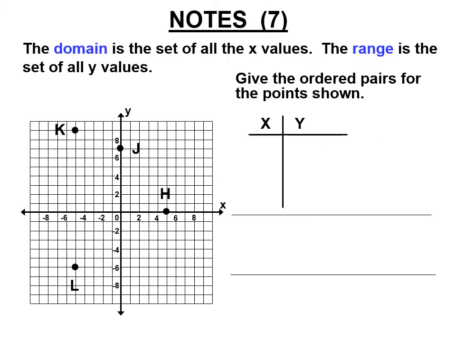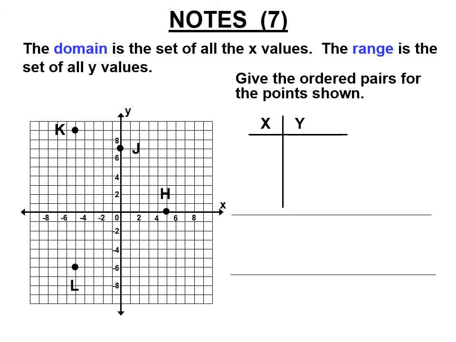That vocabulary you should have all heard before. Now, the domain is the word we use for all the x values, and the range is the word we use for all the y values. I want you to copy this t-table, whether you have the graph or not, and we're going to record the coordinates of our points in alphabetical order. It's called a t-table because it looks like the letter T. It's not a trick.